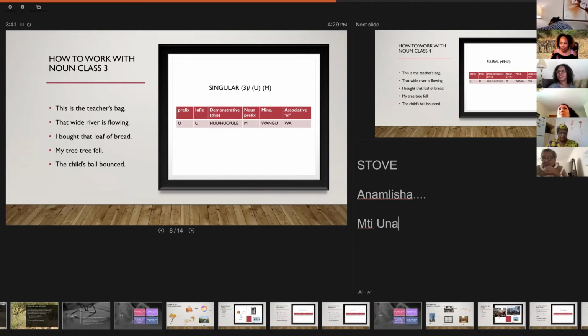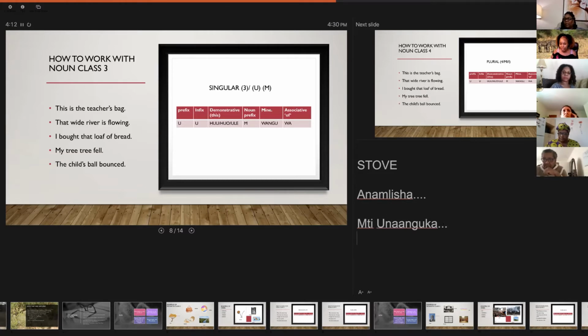So tense remains the same, una. And then if we're going to use the same one, it doesn't change for an object. So mti and una, let's see, that won't make a lot of sense. So let me actually do the object first, and then I'll show you the infix. So as an object, mti unaanguka, the tree is falling.